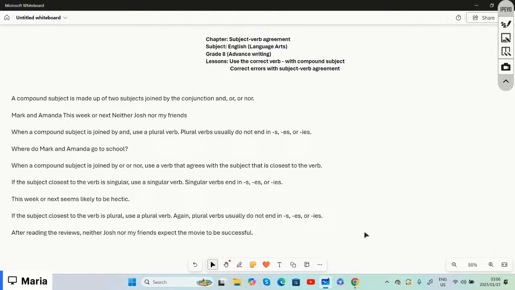And the lessons that we are going to be focusing on under the chapter of subject-verb agreement are to use the correct verb with compound subjects, and to correct errors with subject-verb agreement.